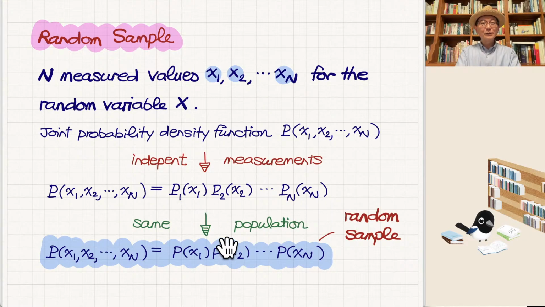Furthermore, I'm going to assume that I'm drawing these samples from the same population, or I'm saying that all these probability distributions are the same. And thus, finally, this can be written this way. Once you approximate, this joint PDF can be decomposed as the repeated product of the same PDF for just one random variable x. And the outcome of this x1 to xn is called a random sample.